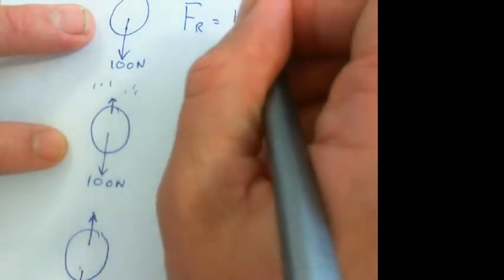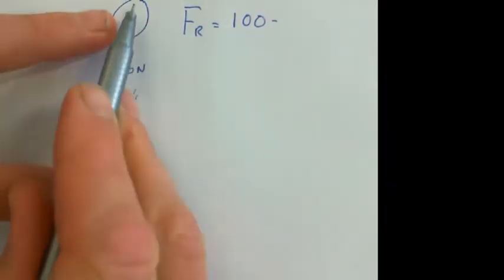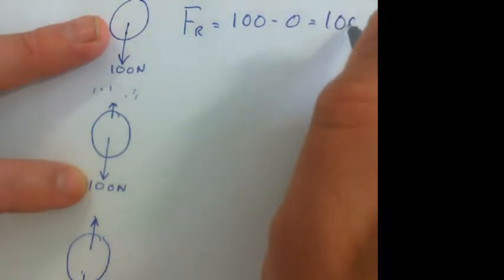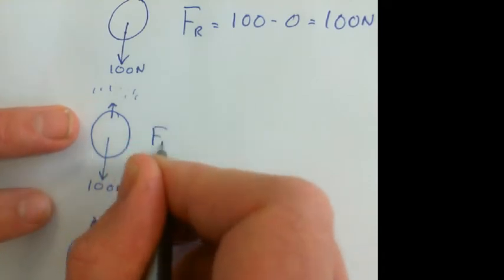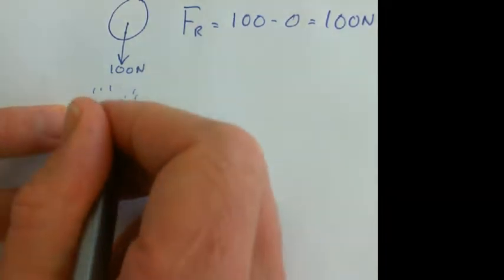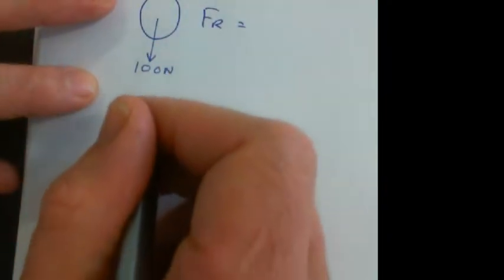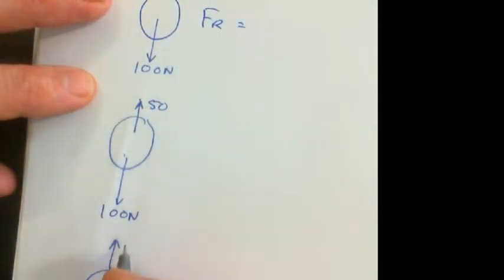Which means that my resultant force here is going to be 100 minus the air resistance, which is 0. So my resultant force is 100 newtons. On this one, my resultant force is going to be, let's call that 10 newtons. Let's call that 50. Call that 100.